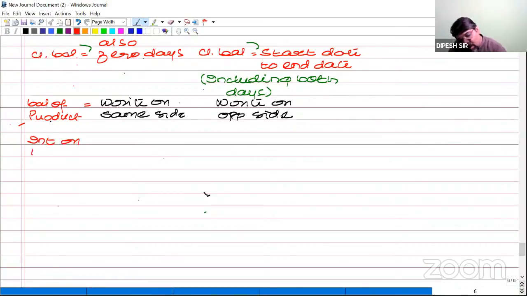Interest on balance of product for 1 day. Interest on balance of product for 1 day. So balance of product into rate of interest into 1 by 365. Correct?